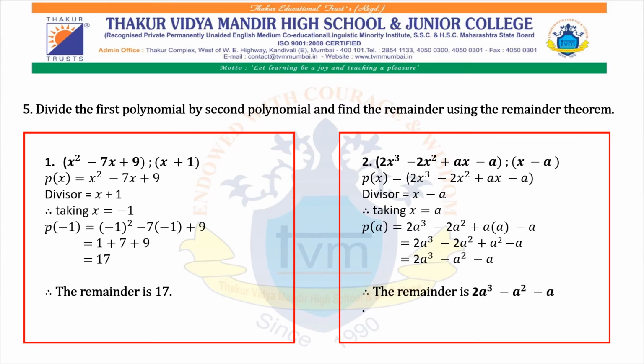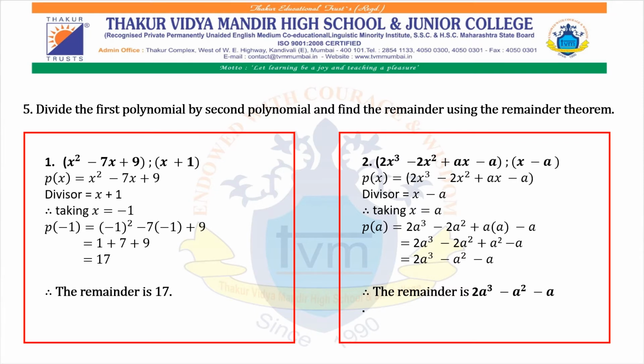Second one: 2x³ − 2x² + ax − a divided by x − a. Here p(x) is 2x³ − 2x² + ax − a and the divisor is x − a. Now here again we are going to take the opposite of −a, that is +a. So taking x = a, p(a) is, wherever we see x we substitute a.